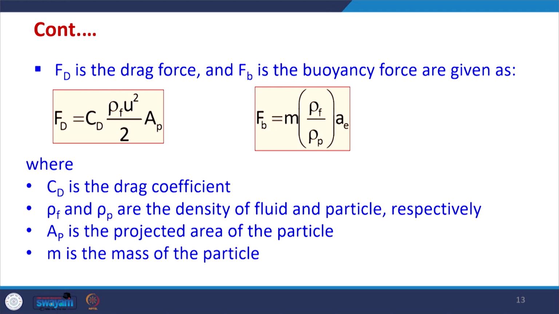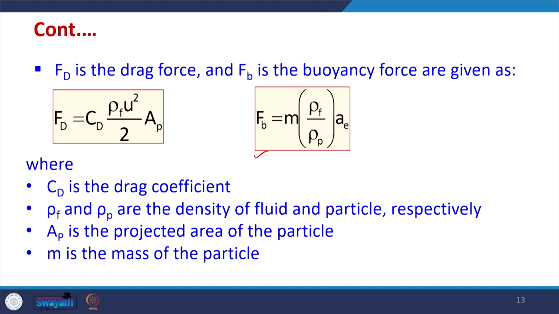Now, going further, the drag force and the buoyancy force can be given as follows. The buoyancy force can easily be written as m into rho f by rho p into Ae. Here rho f is the density of the fluid and rho p is the density of the particle, respectively.